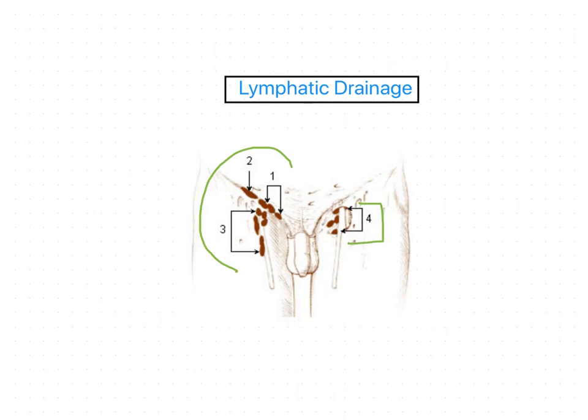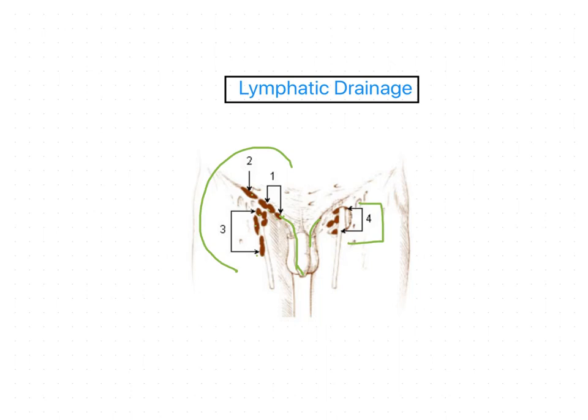So this one is the prepuce here. From the prepuce runs backward on the dorsum of the penis. At the pubic symphysis, they split into two groups which end in the superficial inguinal nodes on two sides. So like this. So these are all the superficial inguinal lymph nodes.